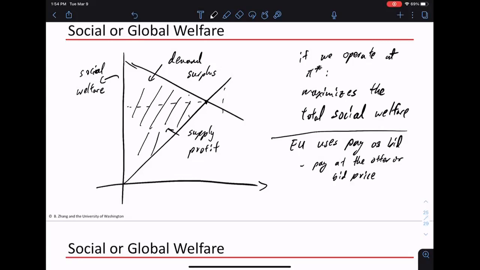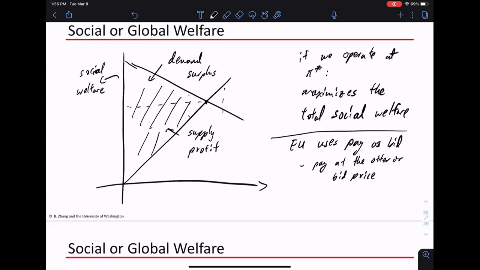So there's debate between which one is better. The US one has, I think, a bit more theoretical foundation behind it. Whereas if you operate in the European market, you have to guess what the clearing price is, and you want to operate as close to it as possible.